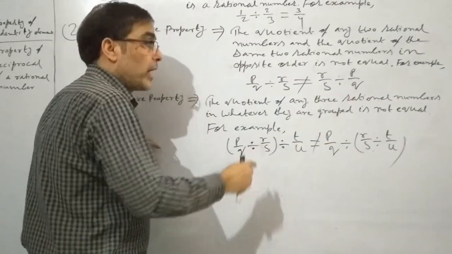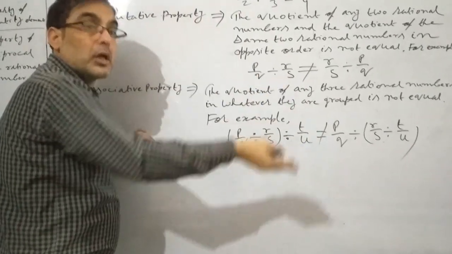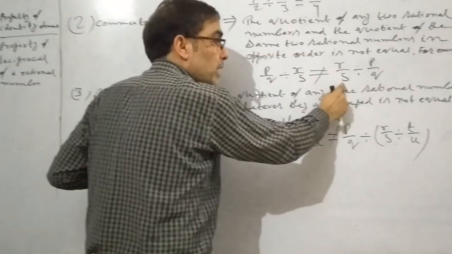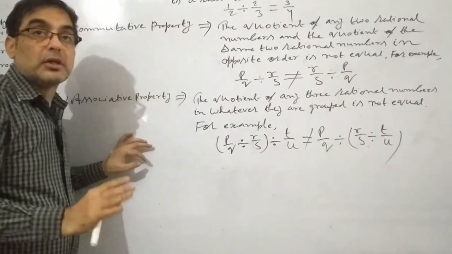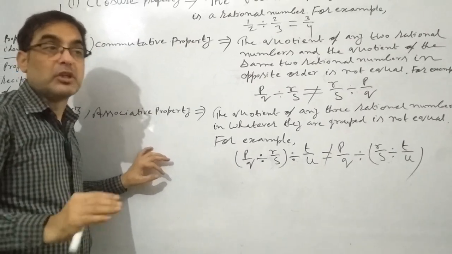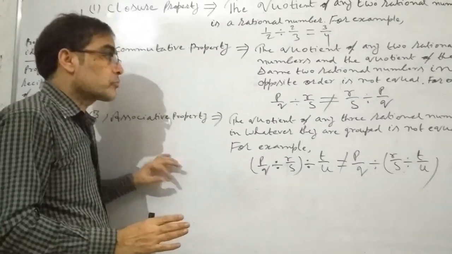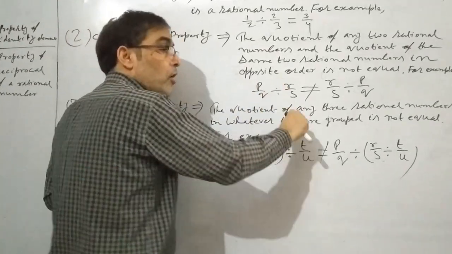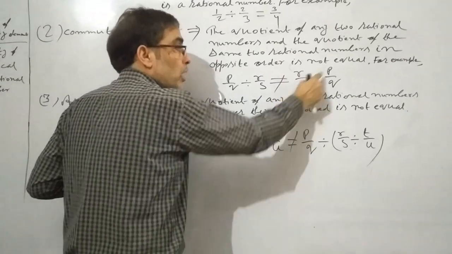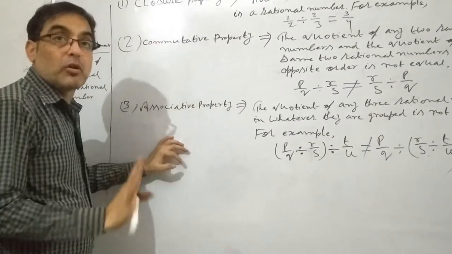When we divide p by q by r by s, and if we divide r by s by p by q, in both conditions the result will not be the same. The quotient will be different.